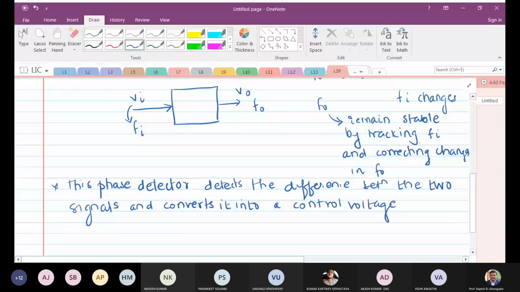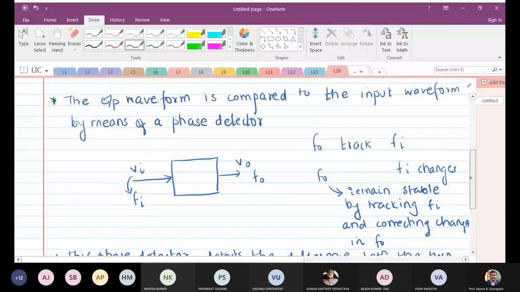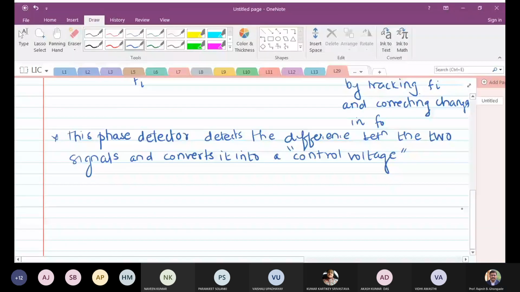This is important. Whatever is the difference between the two waveforms is converted into an equivalent control voltage. And this control voltage drives a voltage controlled oscillator. Now we have already studied voltage controlled oscillator.